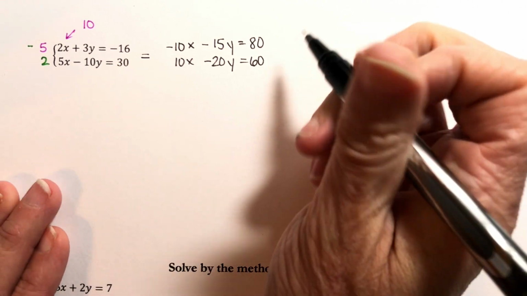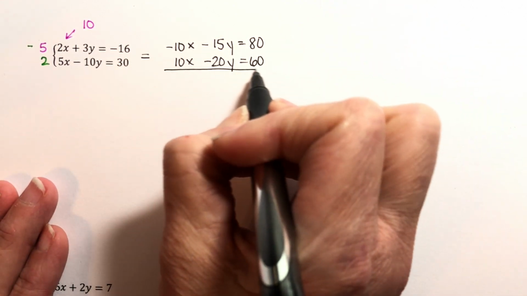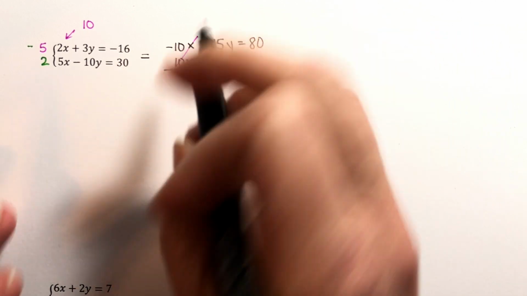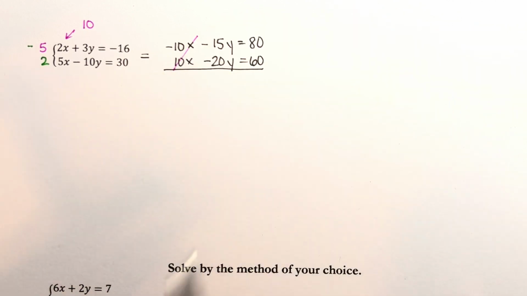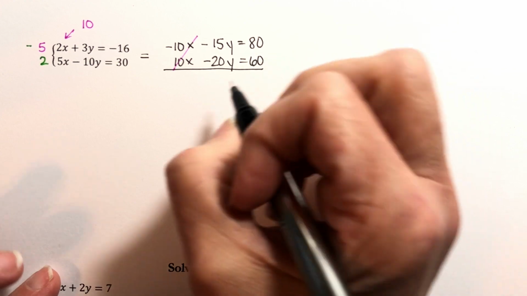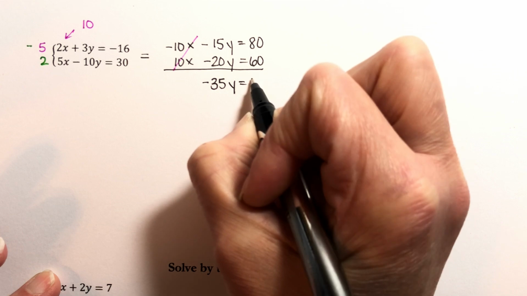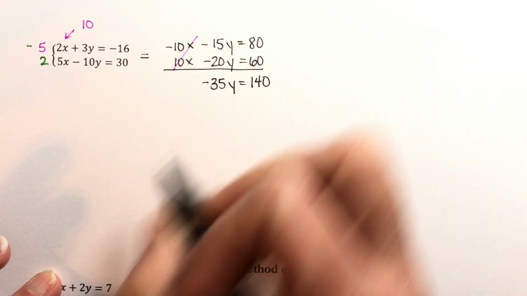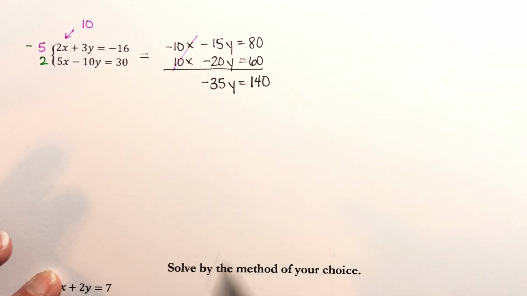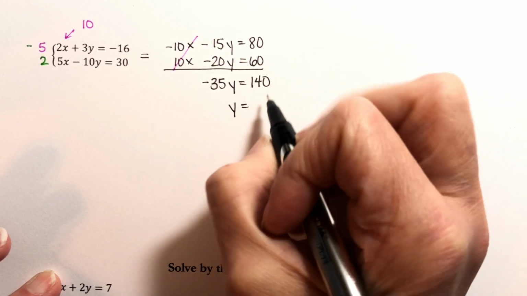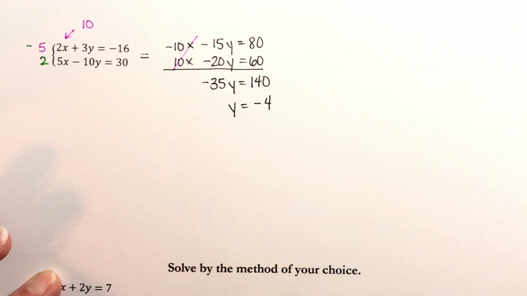Okay, double checking my work here. Now our x's cancel out, and we end up with negative 35y is equal to 140. Now, if you divide both sides by negative 35, you get your y value is negative 4.